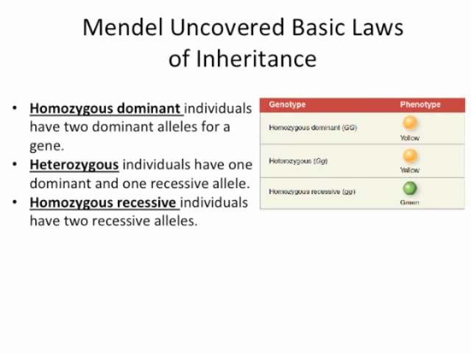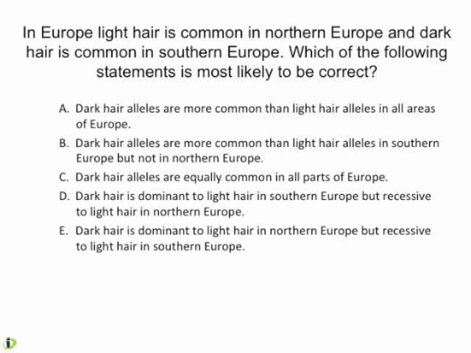Okay, so here's a dominant recessive question to see if you can figure this out. In Europe, light hair is common in Northern Europe, and dark hair is common in Southern Europe. So which of these following statements do you think is most likely to be correct?